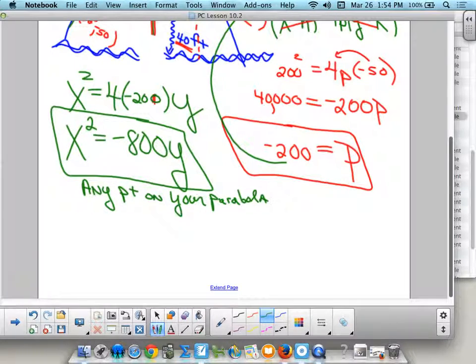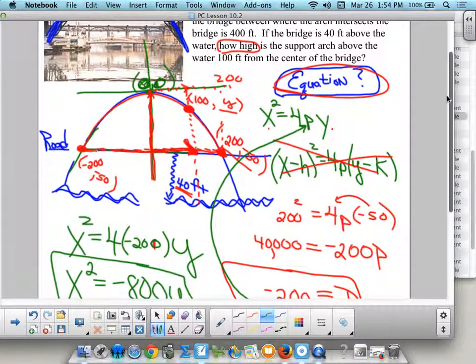Okay, but what is that point that I want? I need to get what point? I want the y coordinate, so that when I move from the center of the road over 100 feet, how far down did I go? So aren't you going to plug 100 into your equation?